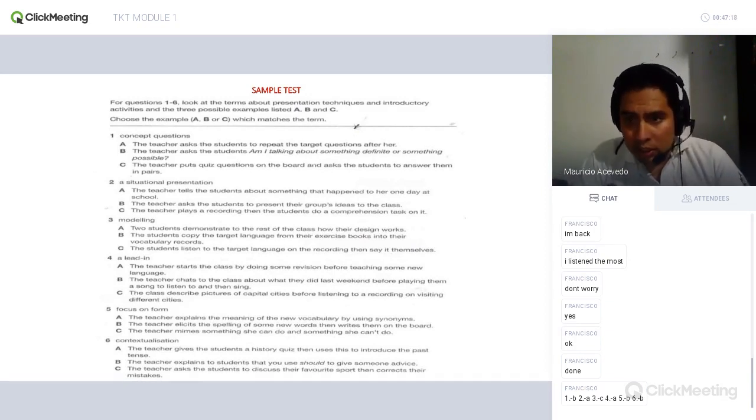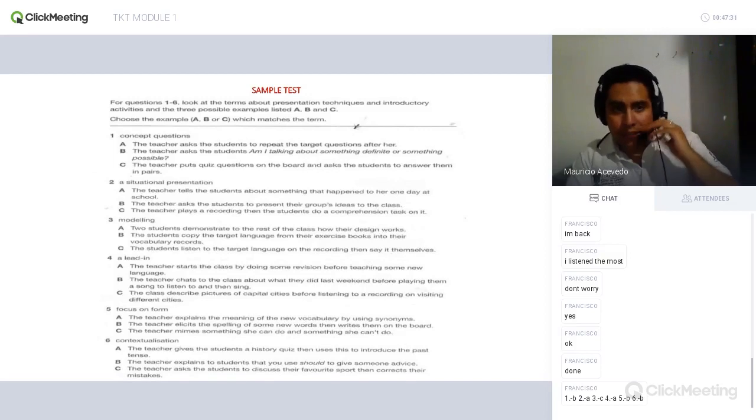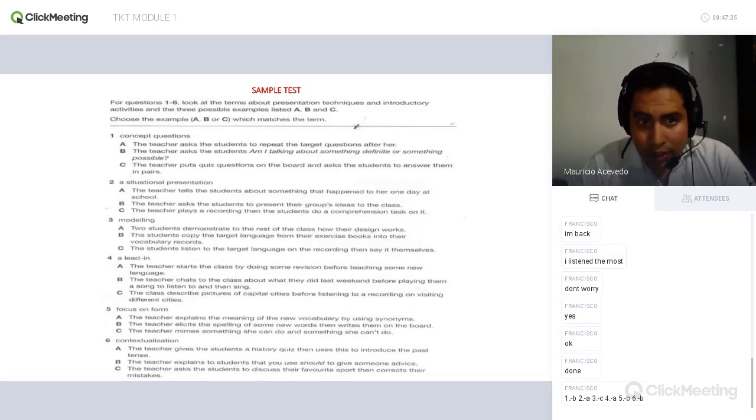A lead in, according to you, it's letter A. The teacher starts the class by doing some revision before teaching some new language. Maybe this is not correct, Francisco, because remember, lead in is let the students be. So maybe I will go more for the last one.